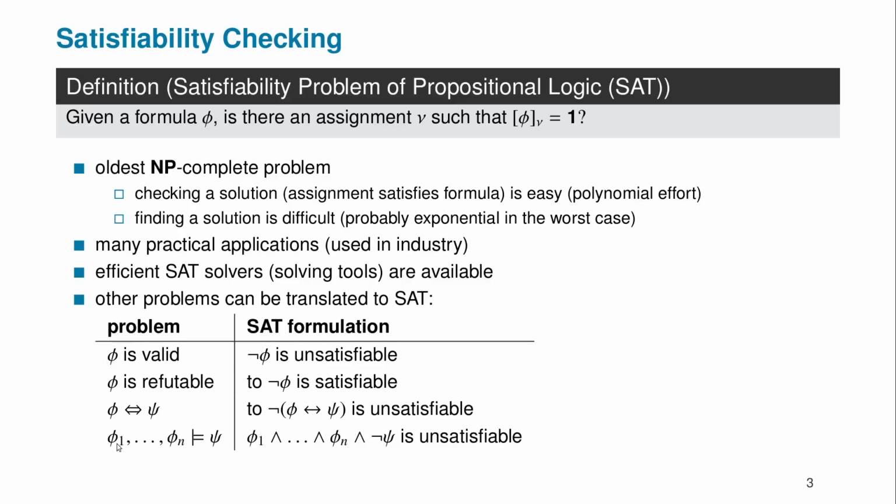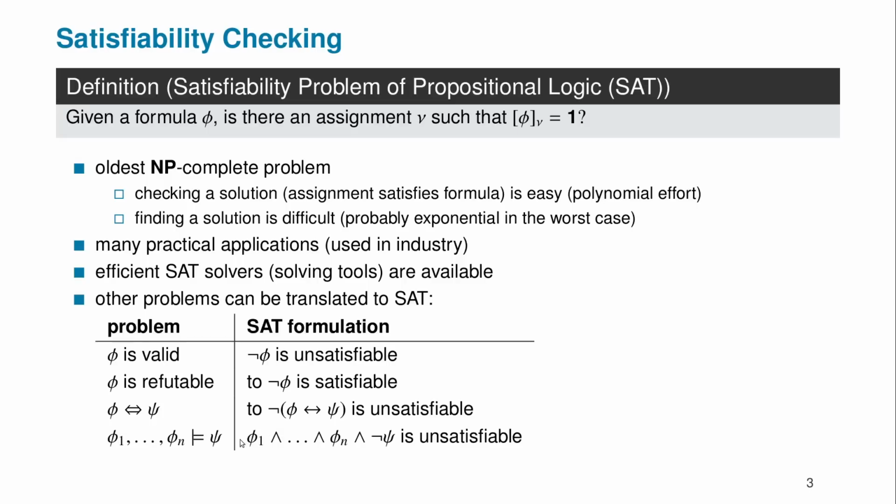And finally, for the entailment, we can express the entailment in terms of an implication, as we have seen on the previous slide. So we translate it to phi 1 and phi 2 and so on, and phi n implies psi. And we check if this formula is valid. And for checking if it is valid, we have to negate it and check if the negation of it is unsatisfiable.